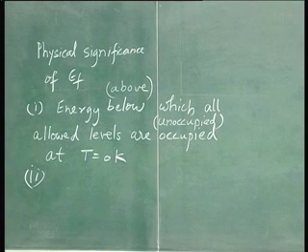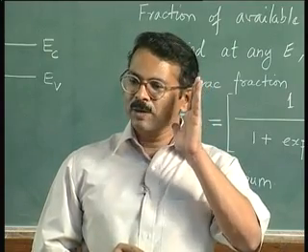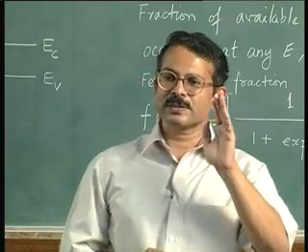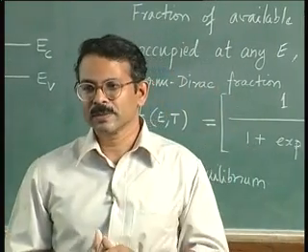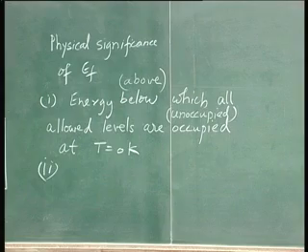So at t greater than 0, if there is an allowed level at E equal to EF, then exactly half of the number of states which are available will be occupied. Exactly half of the states will be occupied at E equal to EF at t greater than 0.